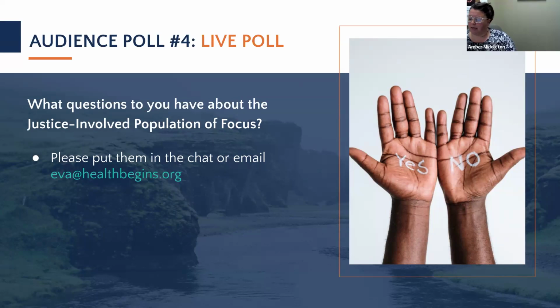Tracy, is Mountain Valley doing justice involved stuff? We are. We haven't had any pop up though. Okay. I think just in general how to deal with it when it does pop up. How do you feel like you're set for resources for that population? That's a good question, and I was also thinking of that as you were talking.